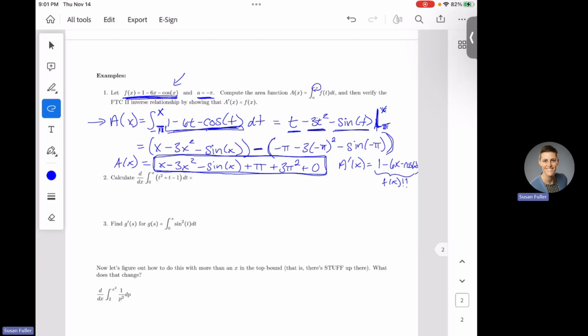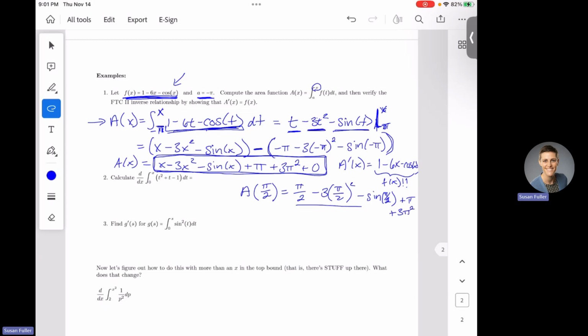So let's just say I do the area function and I plug in, I don't know, pi over 2. Then when I plug pi over 2 in for my x value here, that's a pi over 2 plus pi plus 3 pi squared.